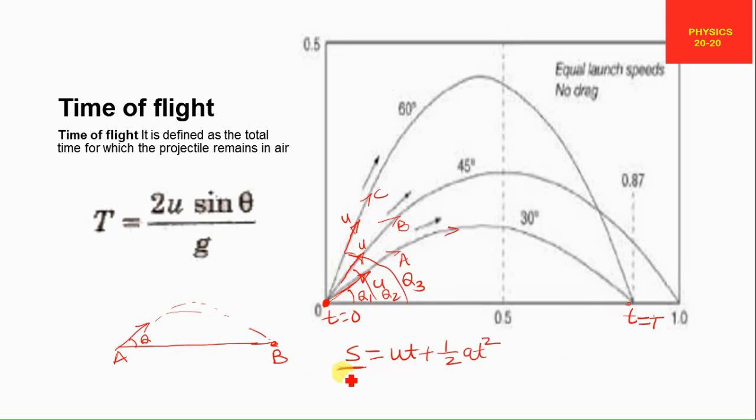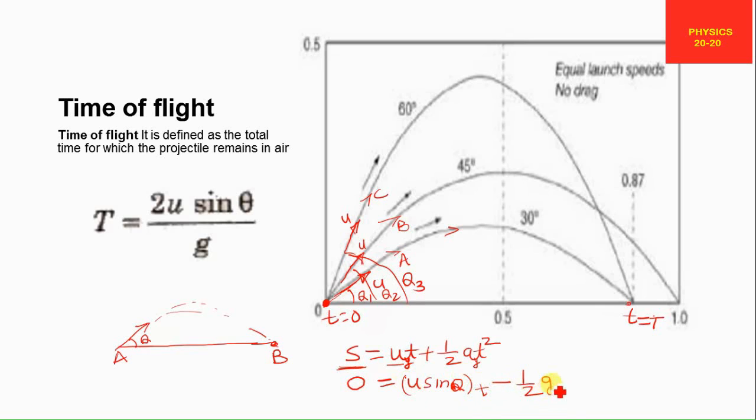The final displacement is simply 0. And what is the value of u? This is the y direction, so u is equal to u sine theta.